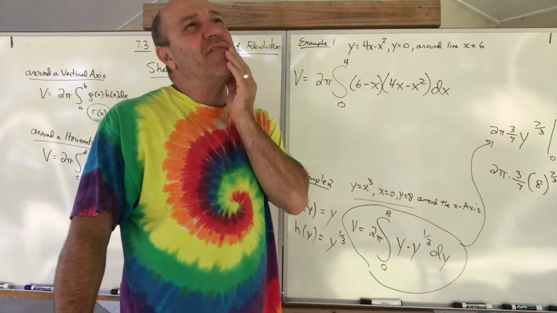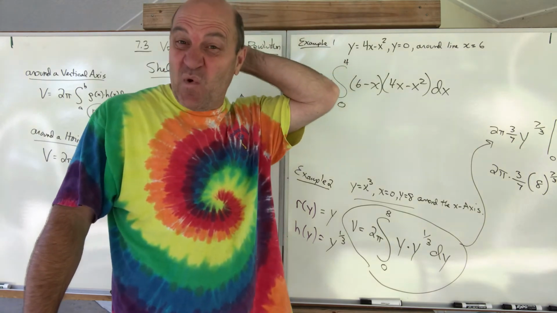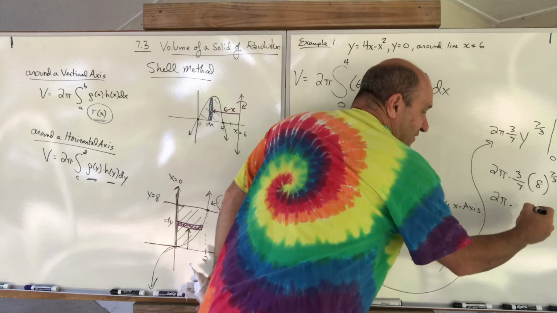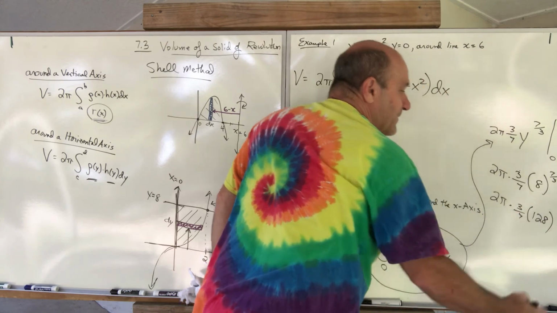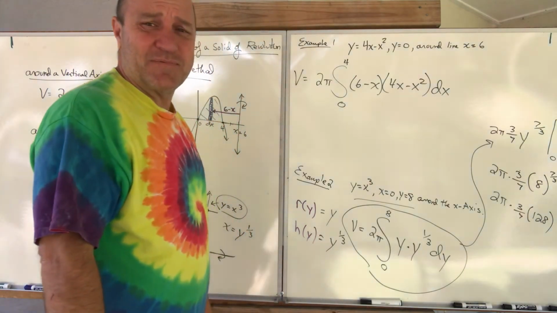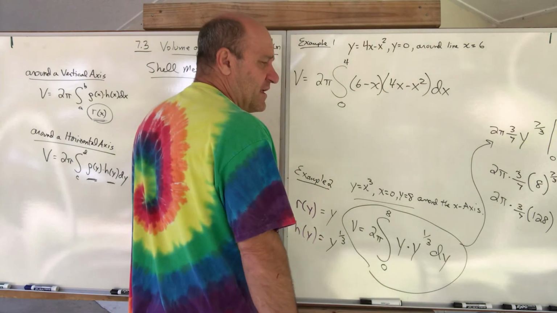The cube root of 8 is 2. Raise it to the 7th, and it's 128. So I have 2 pi times 3/7 times 128. The cube root of 8 is 2, and 2 to the 7th is 128.